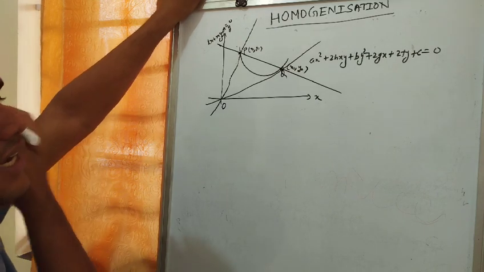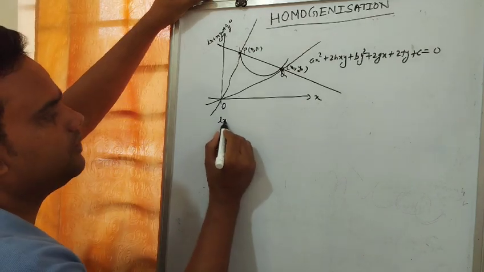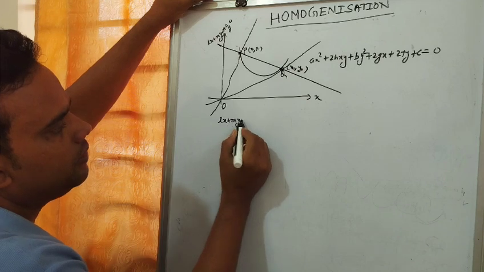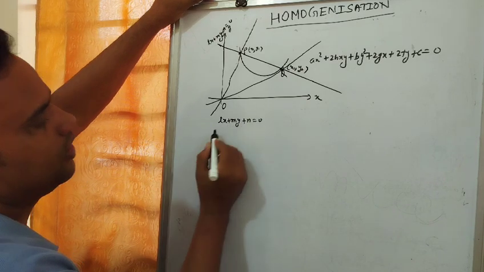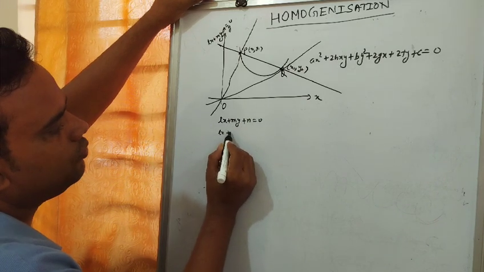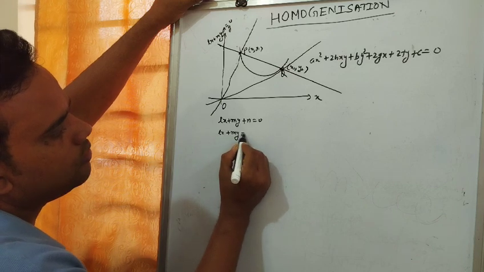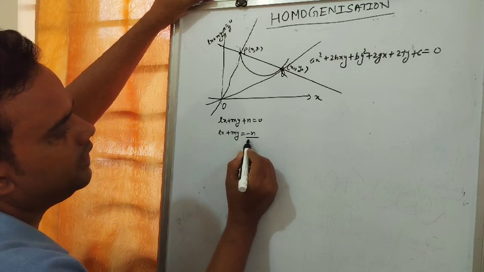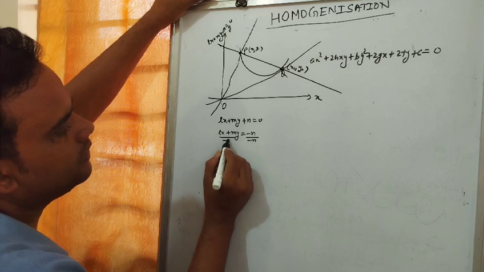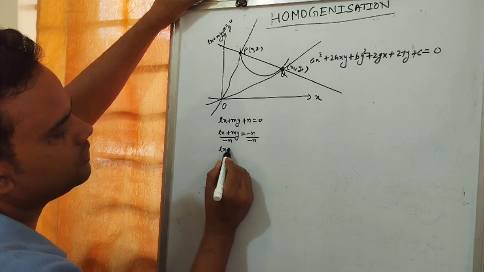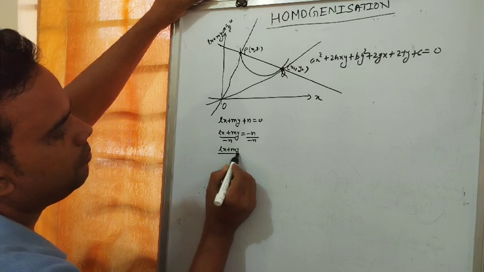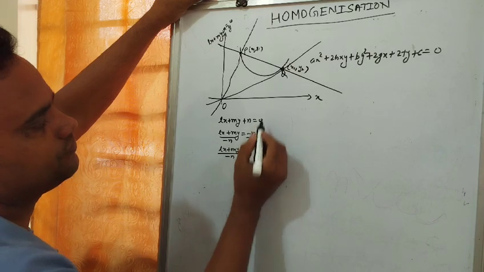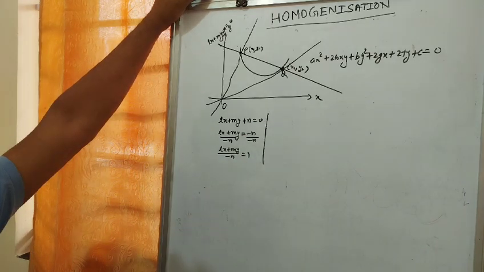So first we write the linear equation Lx plus My plus n equals to 0, or Lx plus My equals to minus n, and divide by minus n. So Lx plus My over minus n equals to 1. Now this is the value 1.